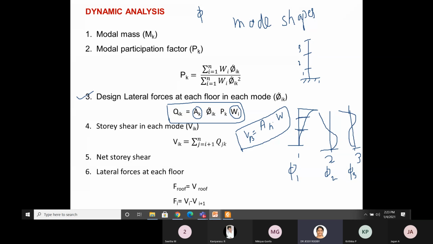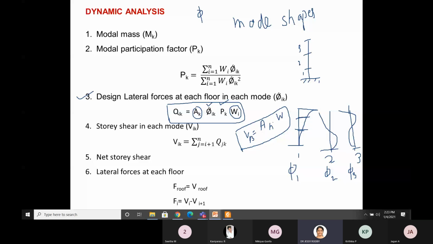You don't have to go into much of this, you must have learned all these things in dynamics, but at least understand this. The previous analysis had only the weight part and the horizontal coefficient. But in dynamic analysis, there are two more additional factors: the mode shape value and the participation factor value. When you multiply everything, you will get the design force or the base shear in dynamic analysis. That is the main difference.